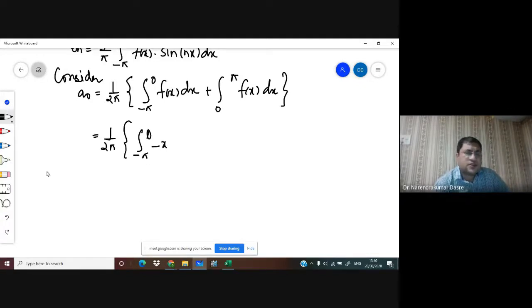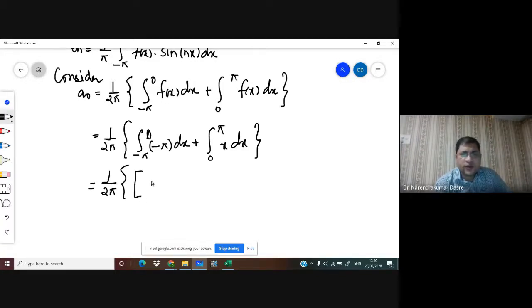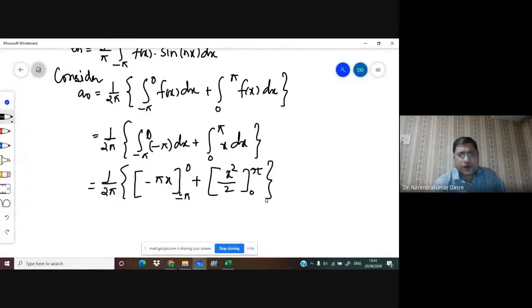The value is minus pi here, dx, plus 0 to pi. The value is x and we have this x dx. So 1 upon 2 pi, we have the value minus pi x, and this will be minus pi to 0, plus x square by 2, and this is 0 to pi.